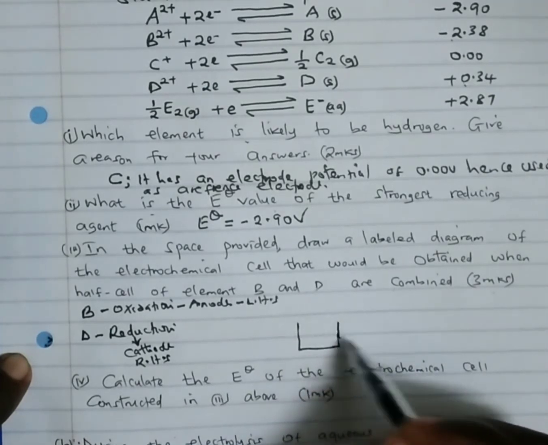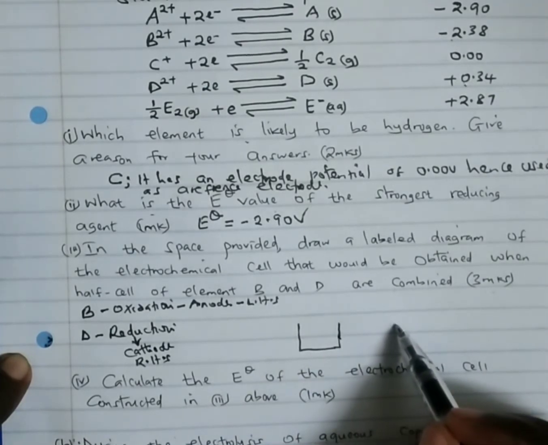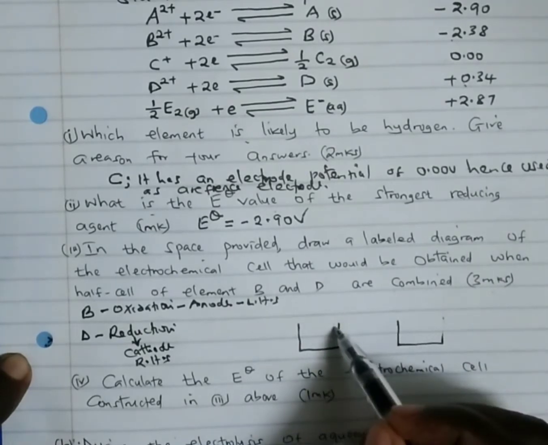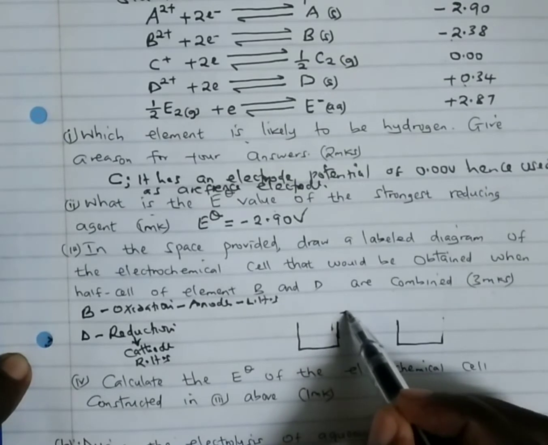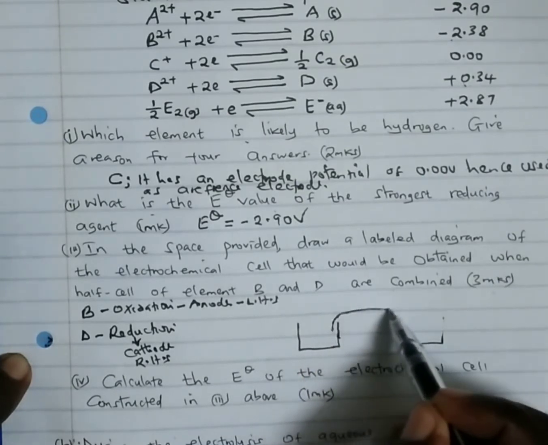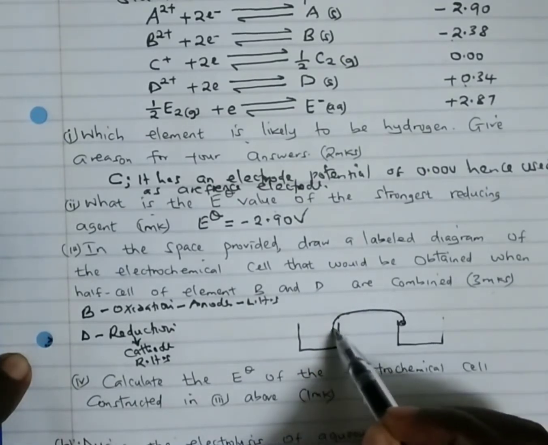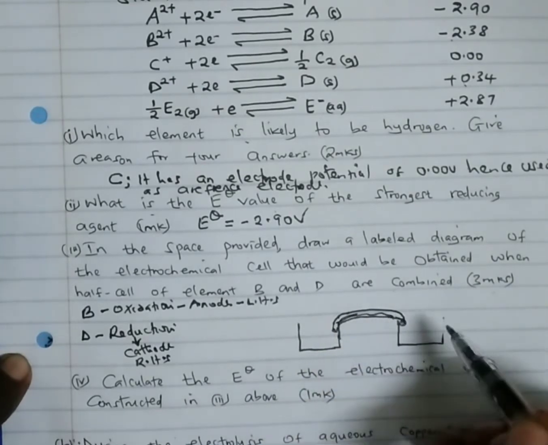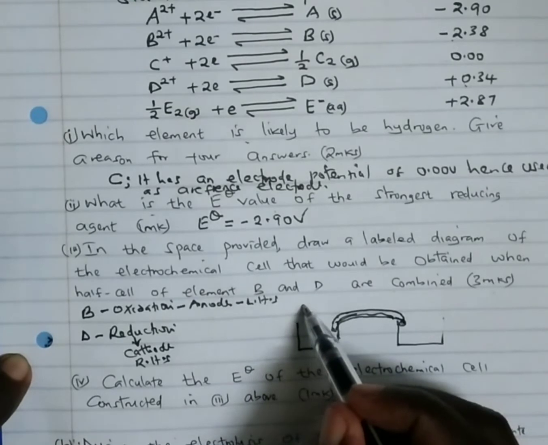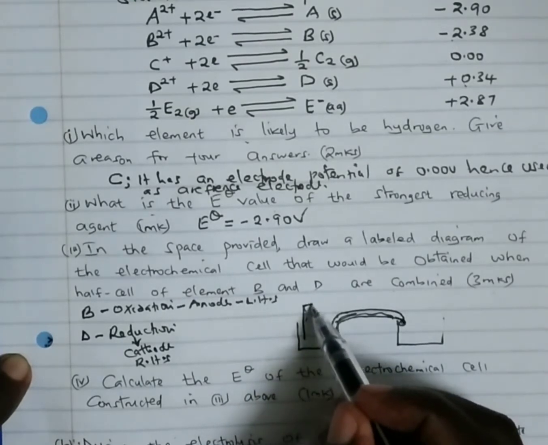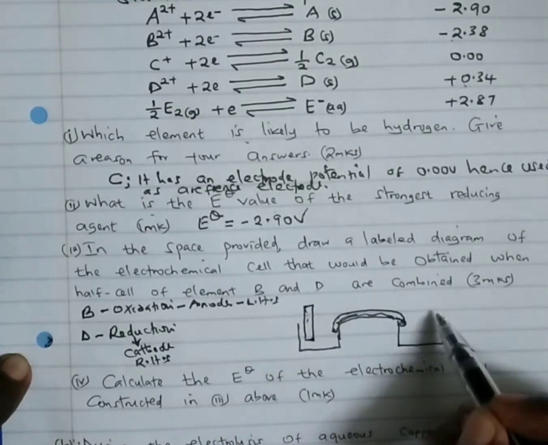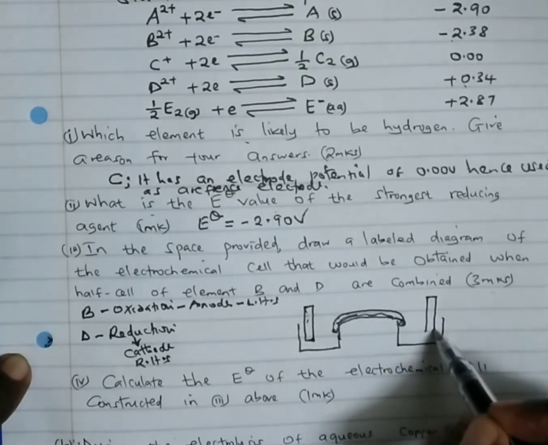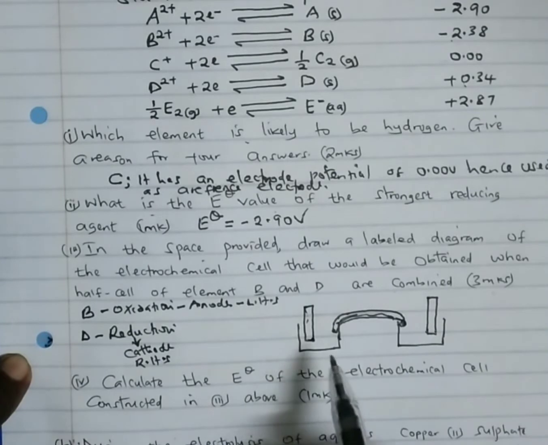We have the two containers having the electrolytes. Remember, the two solutions will be connected using a salt bridge. This is the salt bridge connecting the two solutions. We also have electrodes.